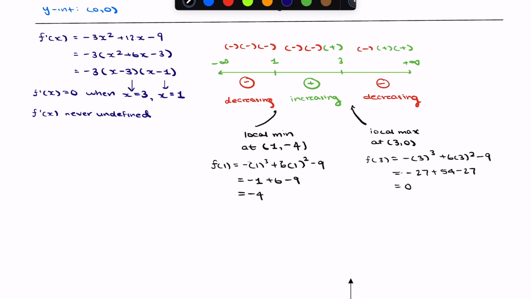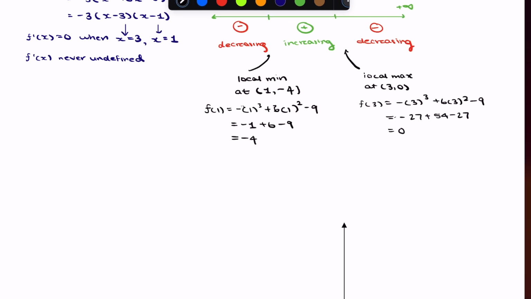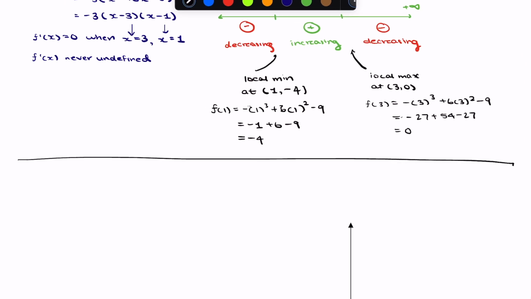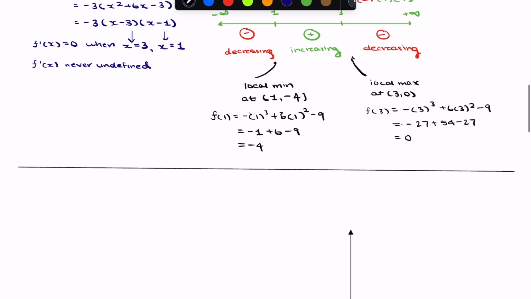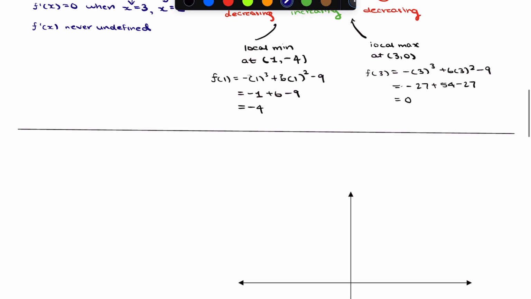And so here, we do our second derivative now. And so here, if we find our second derivative, that'll be equal to negative 6x plus 12.